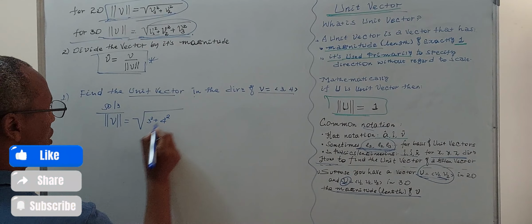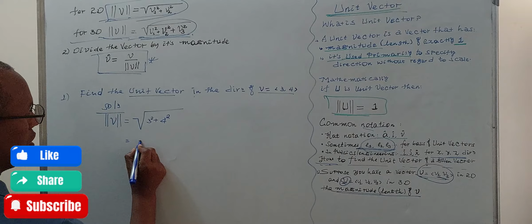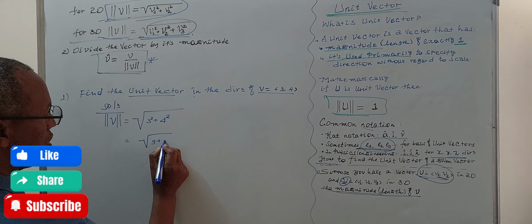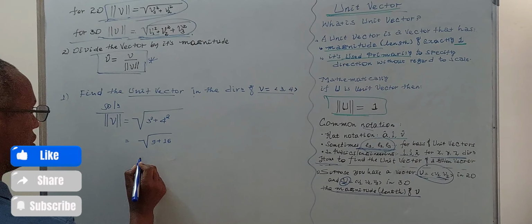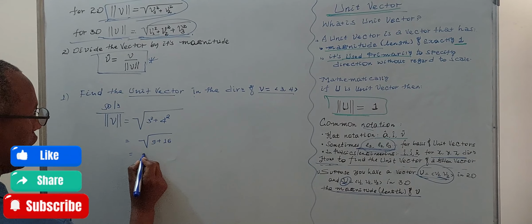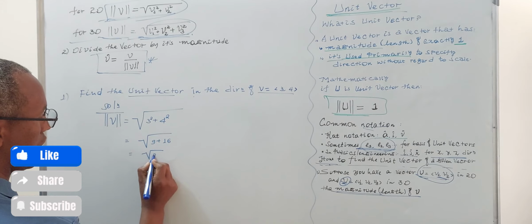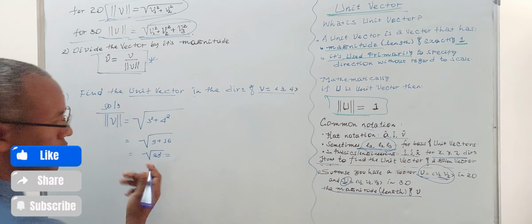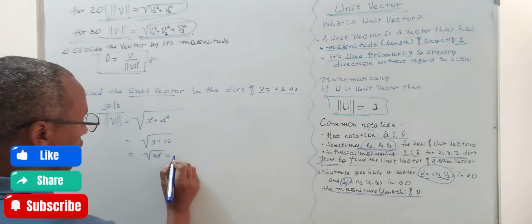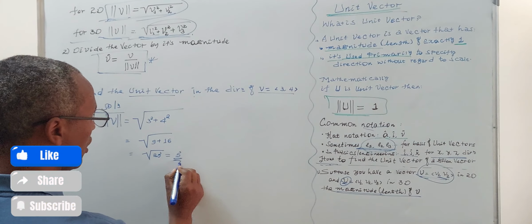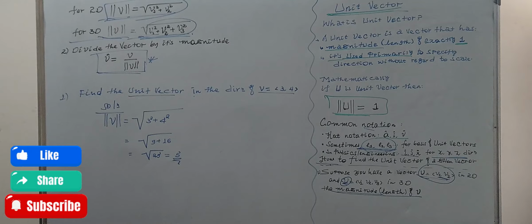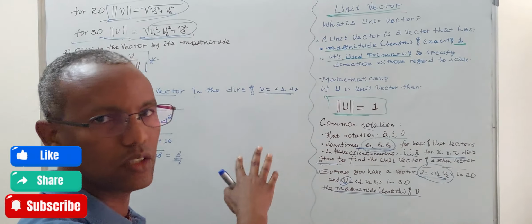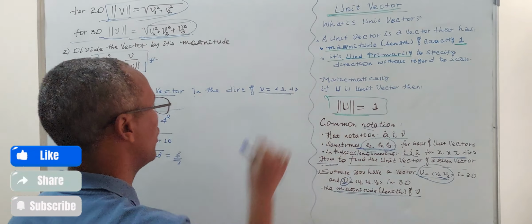Which is equal to the square root of 9 plus 16, so we get the square root of 25. This is a perfect square, so we get 5. That is the magnitude of this given vector. Basically, it's a two-dimensional vector.